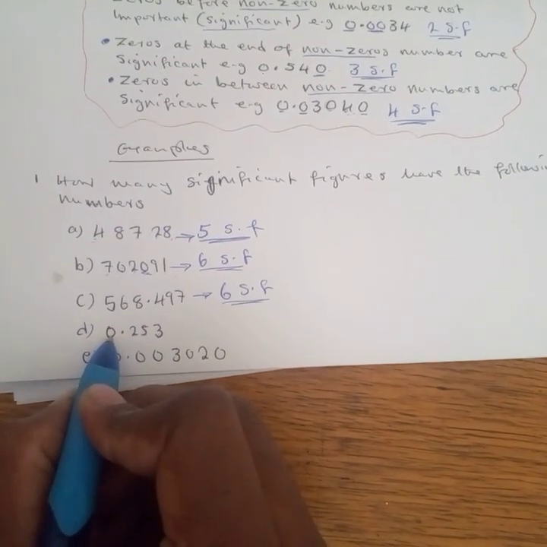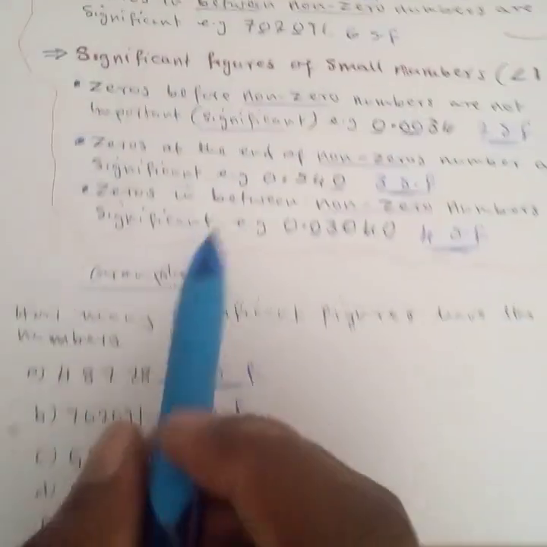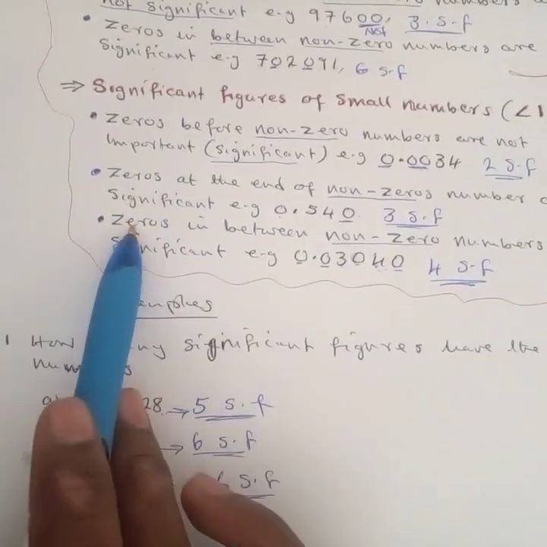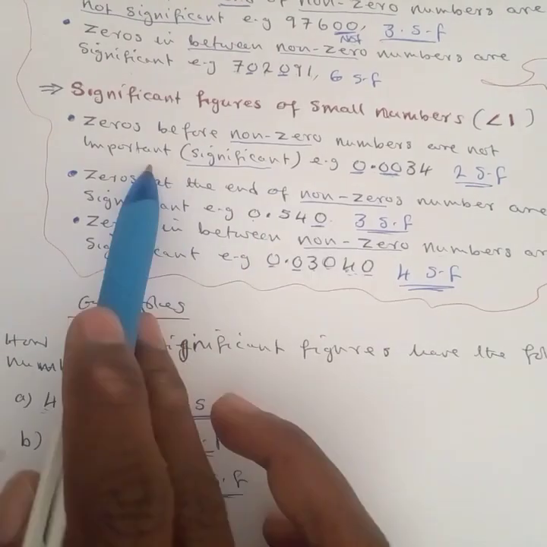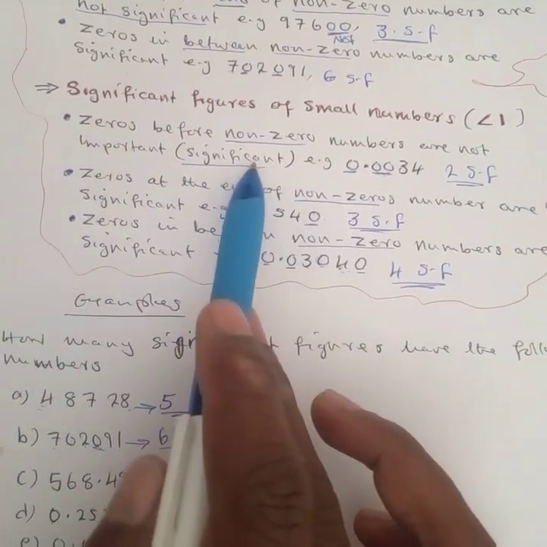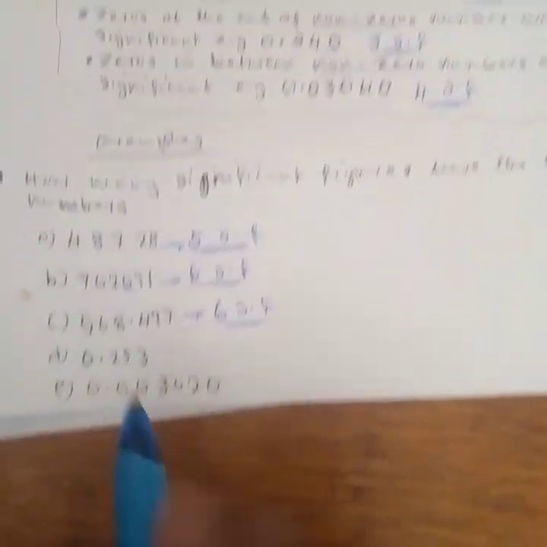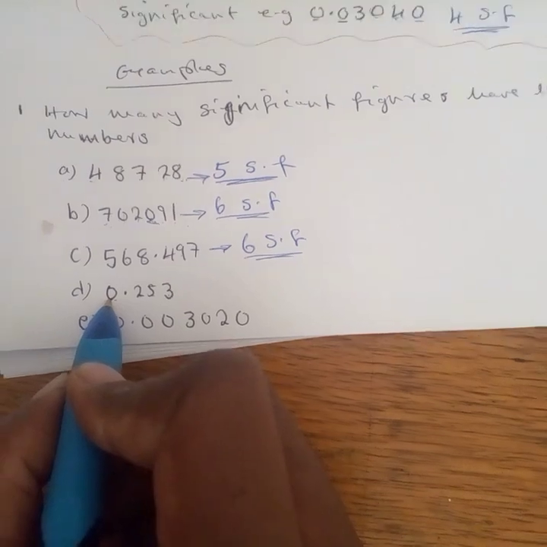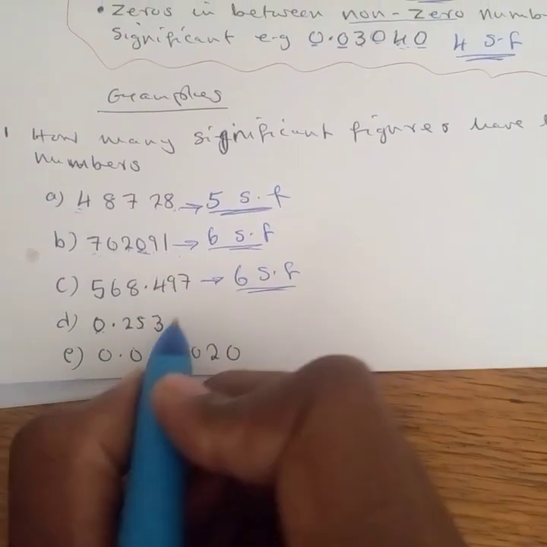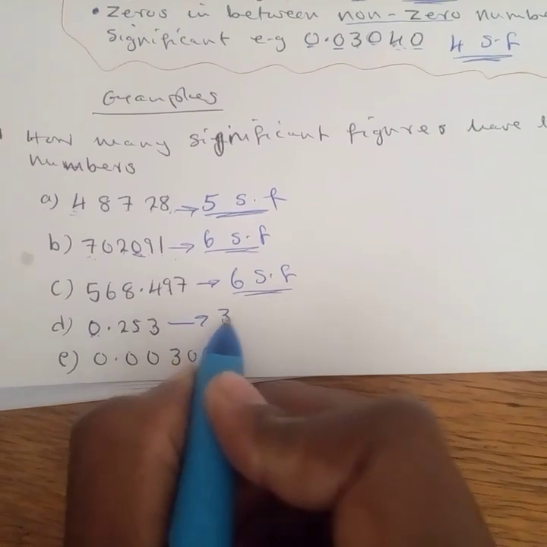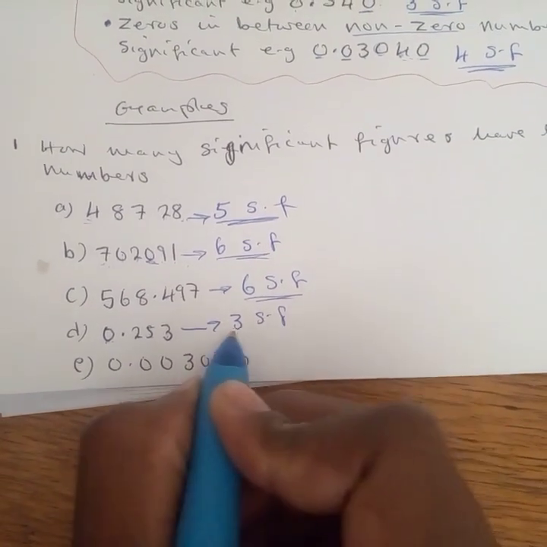So this 0, it is not significant because we checked on this statement. Zeros before non-zero numbers are not important, hence not significant. So how many significant figures are here? 1, 2, 3. So here we only have 3 significant figures.